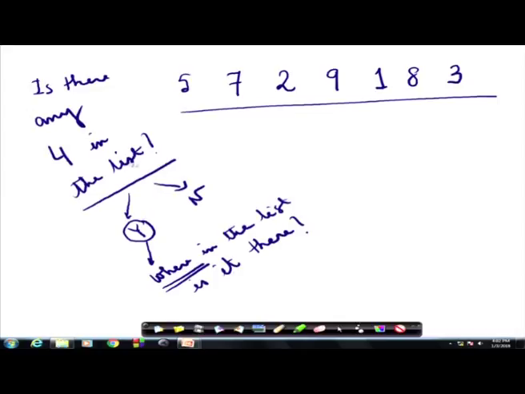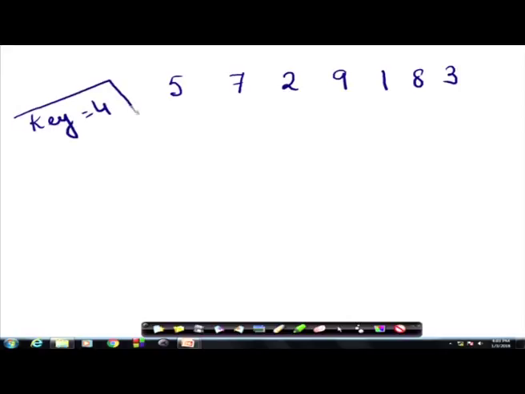I will be satisfied to know whether this list contains any 4 or not. All right. So, 5, 7, 2, 9, 1, 8, 3, and my key is 4, because I am interested in the existence of 4.